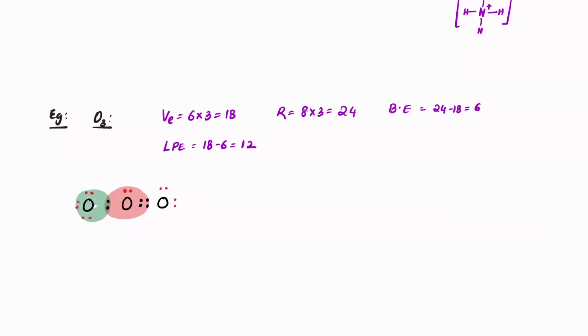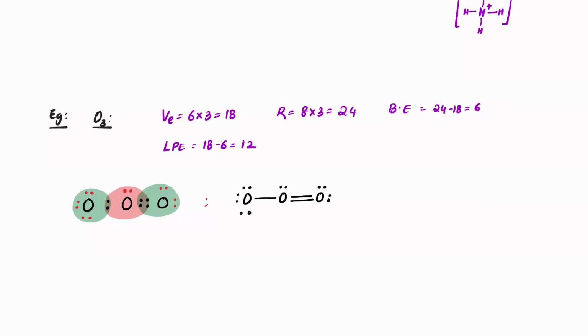So this is ideally how we can expect. As per the data, everything is matching. So how do we write that? As a structure, we'll write it as O, single bond O, double bond O, where this has two lone pairs, this has one lone pair, and this has three lone pairs.